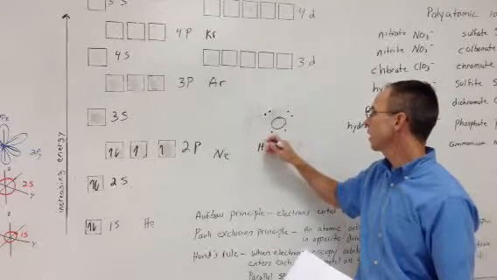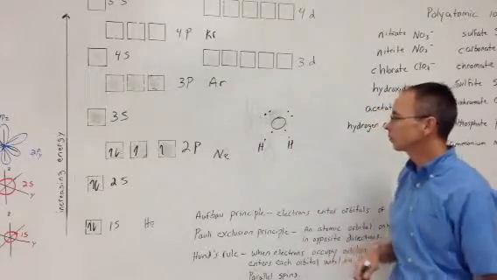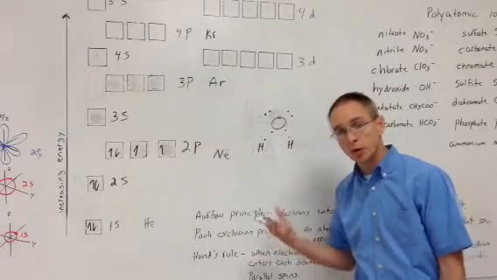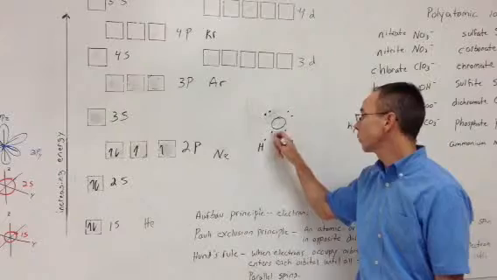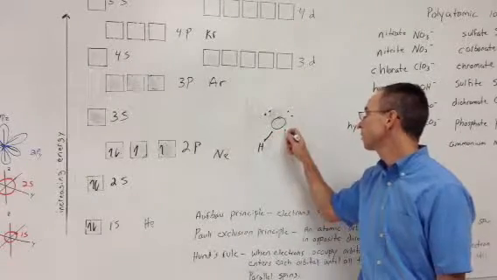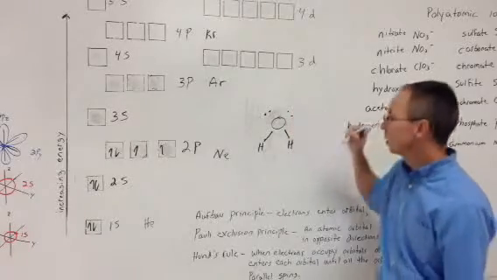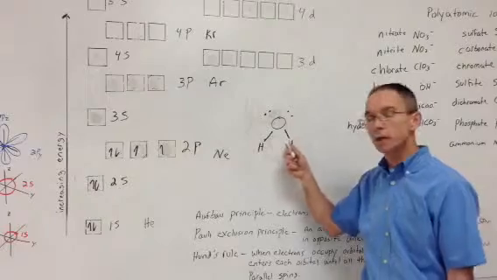And I'm going to attach a hydrogen to each one. So when oxygen bonds to hydrogen, it typically bonds to 2 hydrogens, and that's what a water molecule is. It's going to form a covalent bond here, and it's going to form a covalent bond here to those 2 hydrogens.